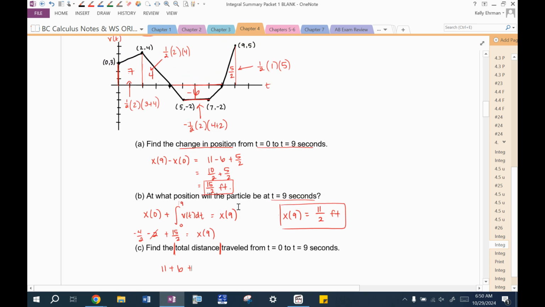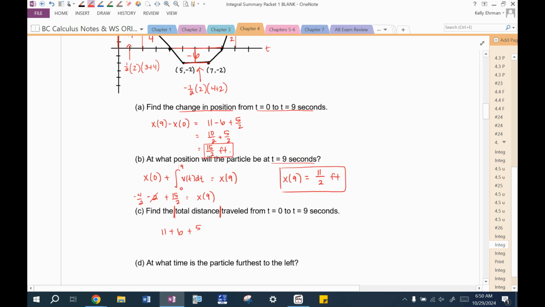Plus, what was that one? 5/2. So the total distance here, 17 plus 5/2. So 34/2 plus 5/2 is 39/2 feet. So that's the total distance traveled. What is that? 19.5. So 19 and a half feet total traveled. Change in position just tells you how far are you from where you started.